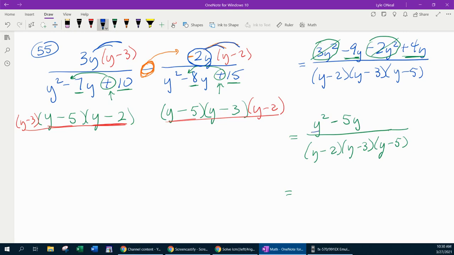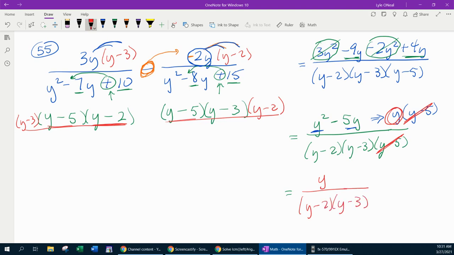Okay, notice that both of these terms have a y, and so we can factor out the y, leaving me y minus 5, which is a common factor with the denominator. So those y minus 5s will cancel, leaving me only the y over y minus 2, y minus 3.